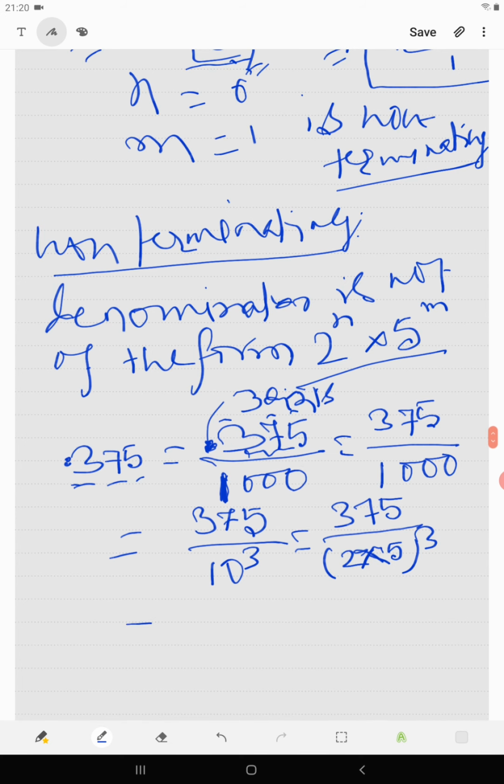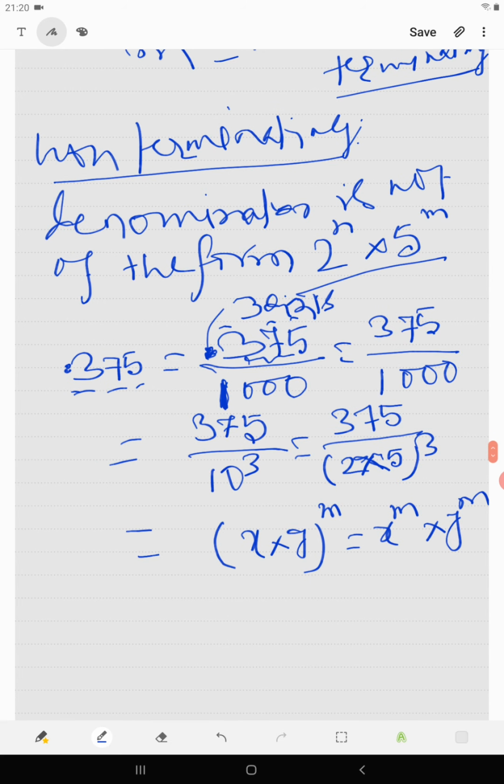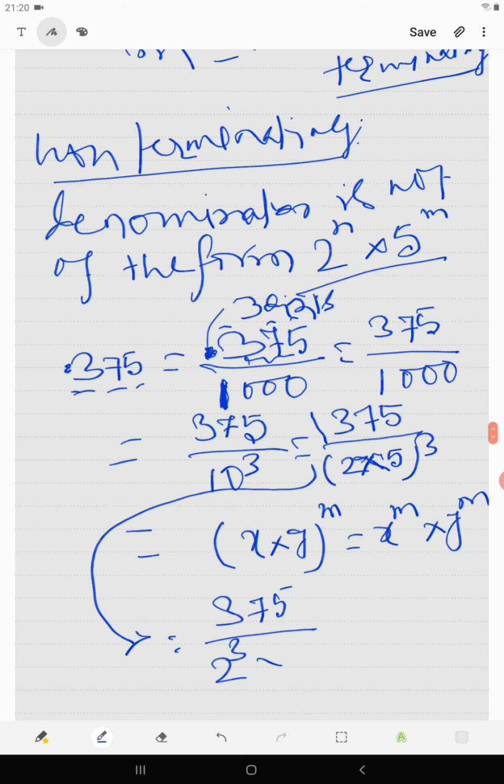We know that the formula is (x into y) to the power m equals x to the power m into y to the power m. So we can write this as 375 divided by 2 cube into 5 cube.